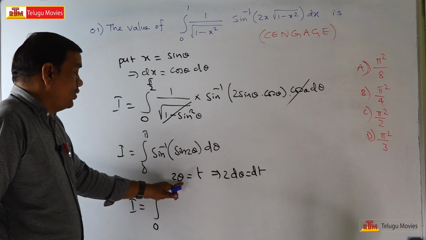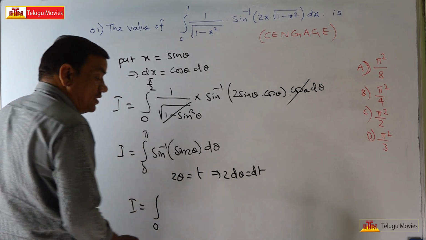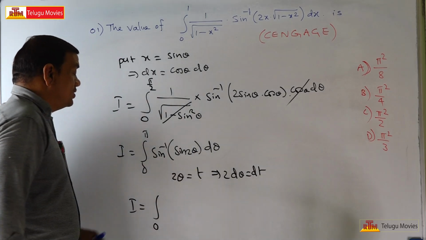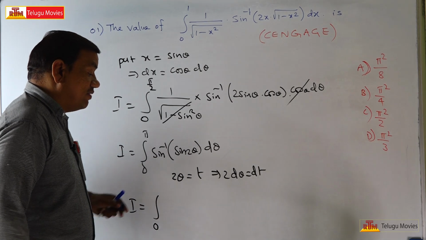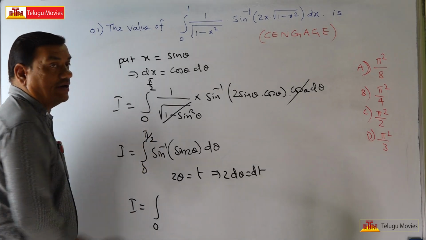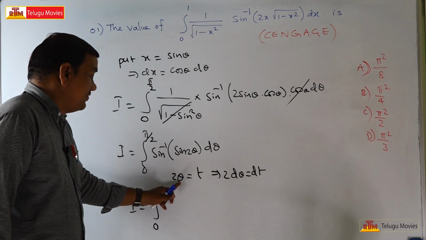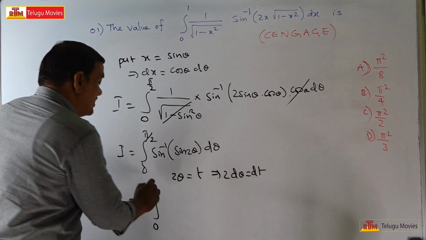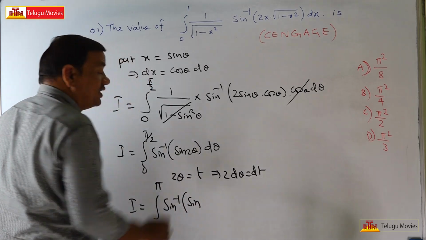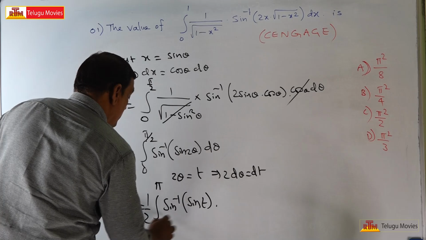The interval is 0 to pi by 2 for theta. If theta is pi by 2, the 2 cancels, and t is pi. So this is equal to sin inverse of sin 2 theta, whose value is t, and d theta is equal to 1 by 2 dt.